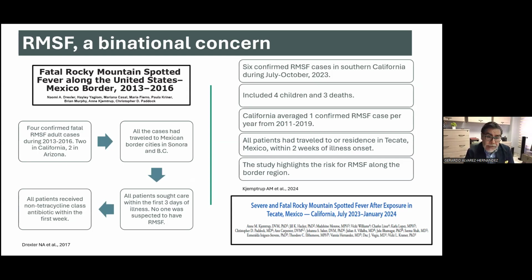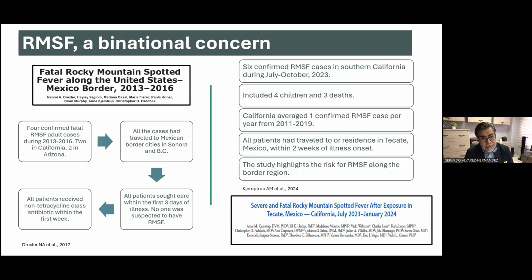Because recent scientific evidence has described the occurrence of RMSF binational cases, meaning that people can acquire the infection in a specific endemic region, for instance in Mexico, and become ill in another, as has been observed in cases in California and Arizona, where patients were infected in some Mexican states and became ill in the US.